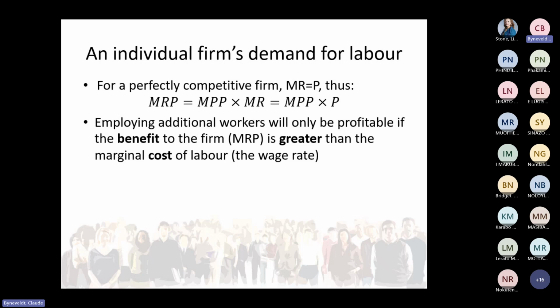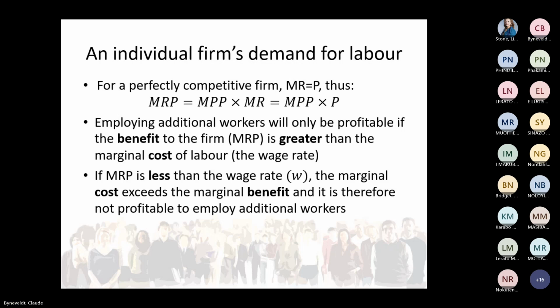Otherwise, workers will stand in each other's way, and that will create low productivity and less efficiency. In the current economic environment, firms cannot afford that, especially in very competitive markets. If MRP is less than the wage rate, the marginal cost will exceed the marginal benefit and it is therefore not profitable to employ additional workers. That is just the opposite.